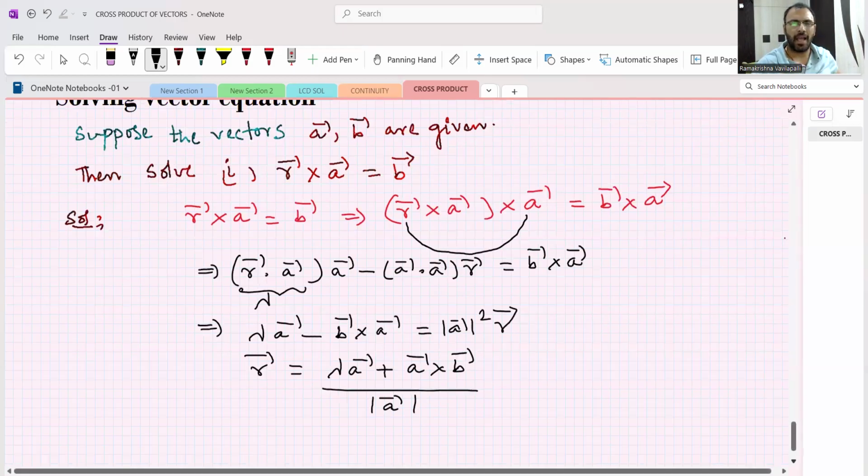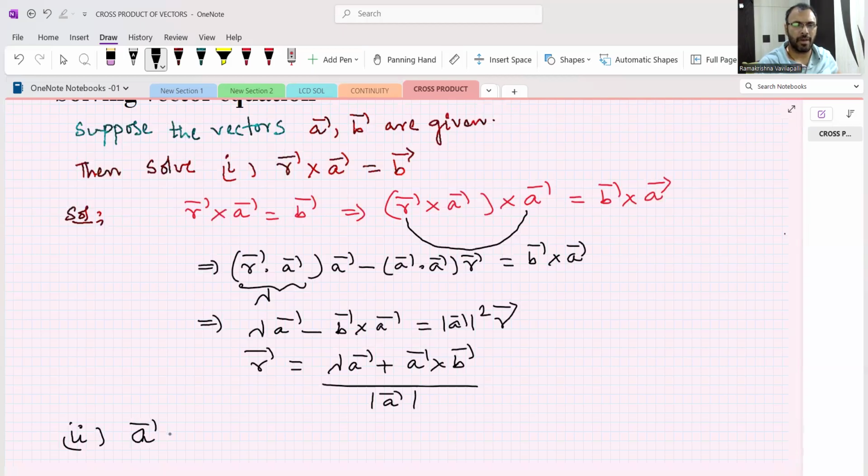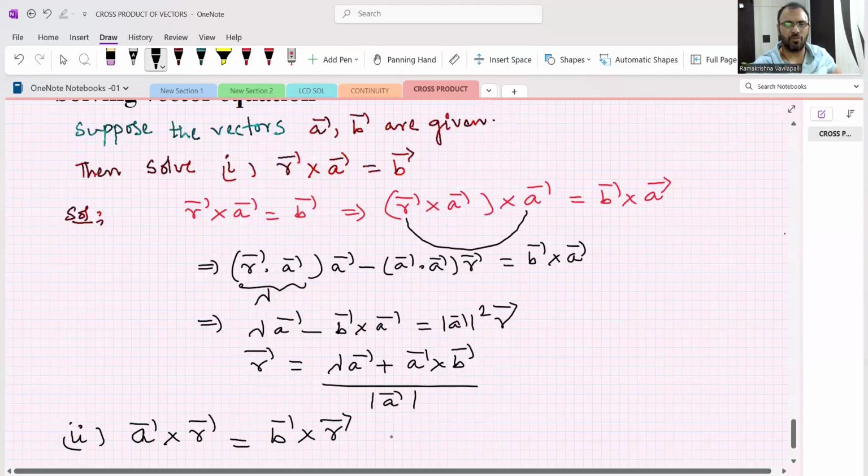And I'll give you one more vector equation. Like this, they will give you that A bar cross R bar is equal to B bar cross R bar. Well, so what we do, bring that B bar cross R bar to the left side: A bar cross R bar minus B bar cross R bar equal to 0 bar.